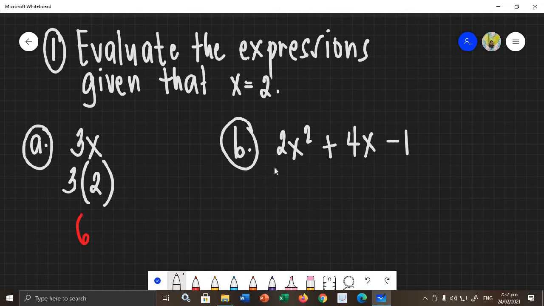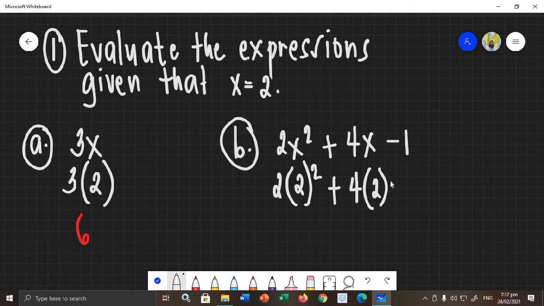For the second example, we have 2x squared plus 4x minus 1. Here we replace x with 2, again writing parentheses to indicate substitution of the value of the variable. So 2, with the 2 squared, plus 4 times 2, minus 1.